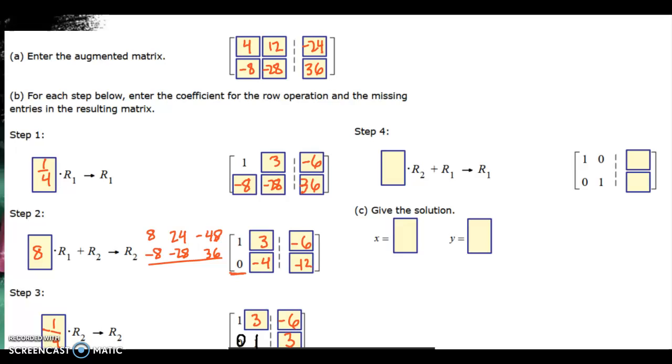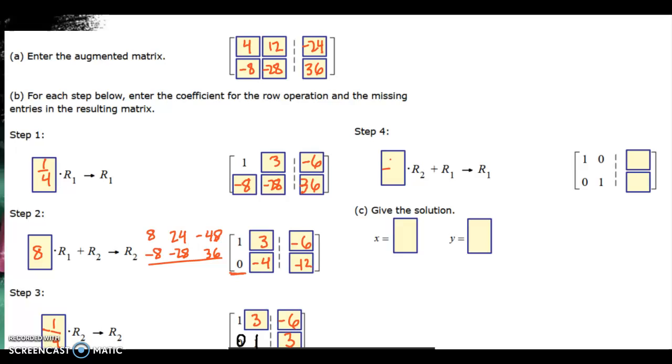Now for step 4, how do I go from 1, 3, negative 6, 0, 1, 3 to 1, 0, blank, 0, 1, blank? I'm going to take something times row 2 and add row 1 to replace that with row 1. Look here. What do I need to do to get a 0 in this column?